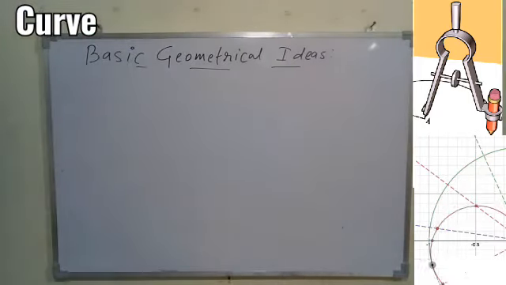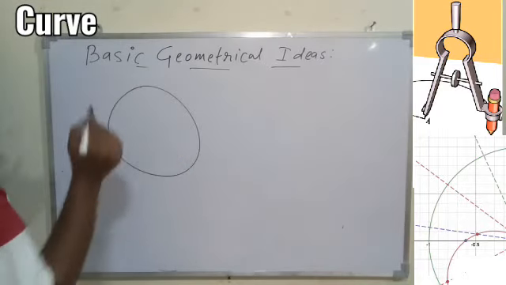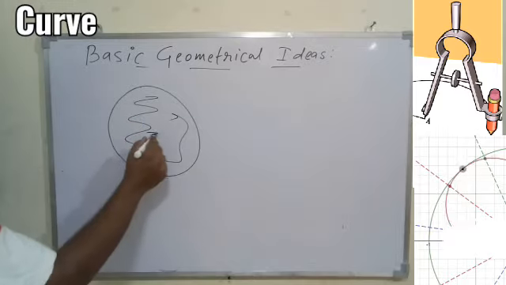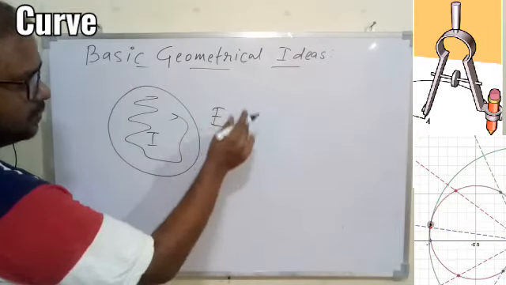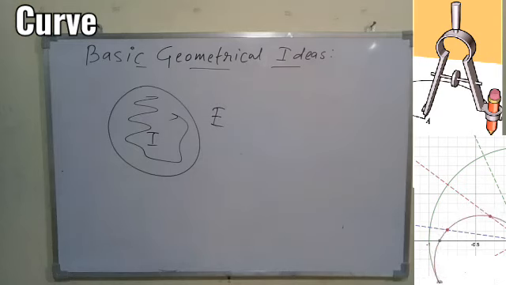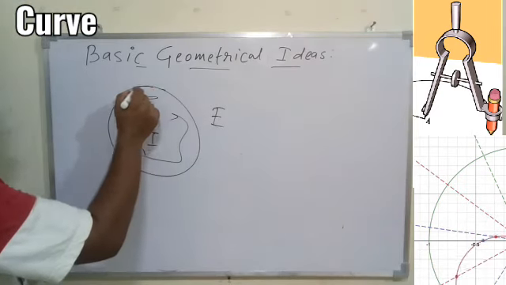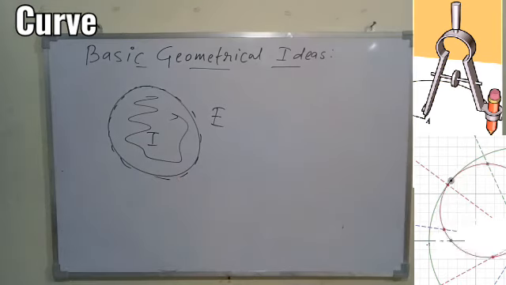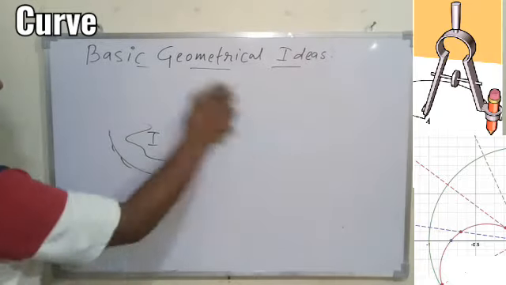If I draw any diagram, this is your entire interior space, this is your exterior space, lots of space we have outside the curve, and this line itself that you see now dotted is nothing but your boundary which is dividing the interior and exterior. That is the simple concept we have.